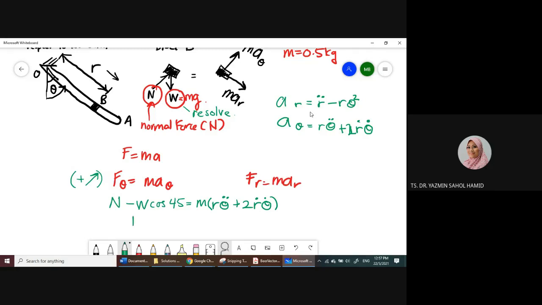So what is our N? Let's calculate our N. This will be mg cos 45, and then because we bring it to the other side, it's going to be plus r theta double dot plus 2 r dot theta dot. Now let's put in the correct information.